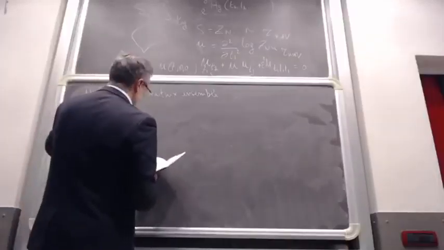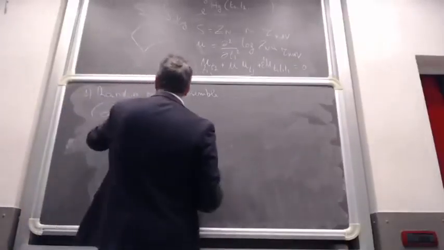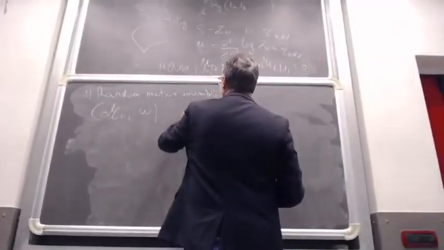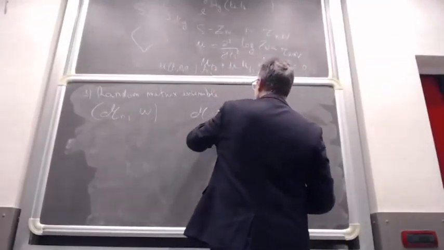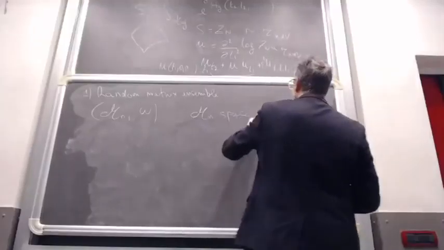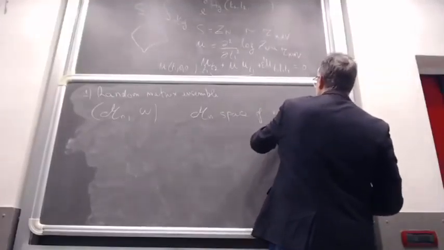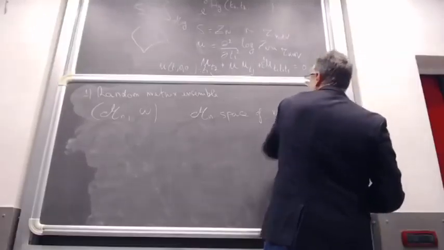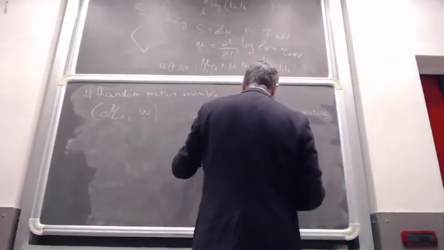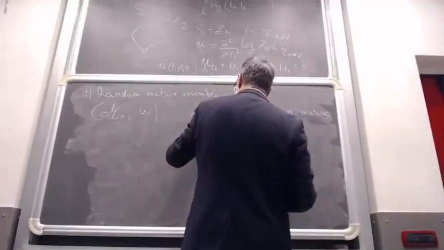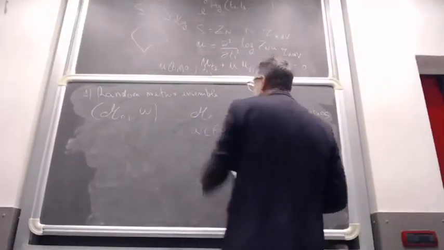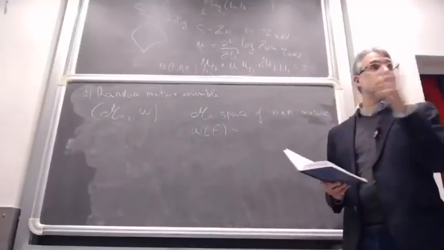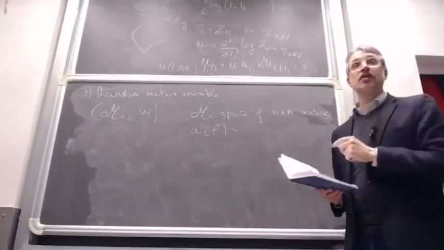I define it as a pair, where Mn is the space of n by n matrices, and omega is a function of a set of parameters, for which I use a vector notation for this infinite set of parameters.